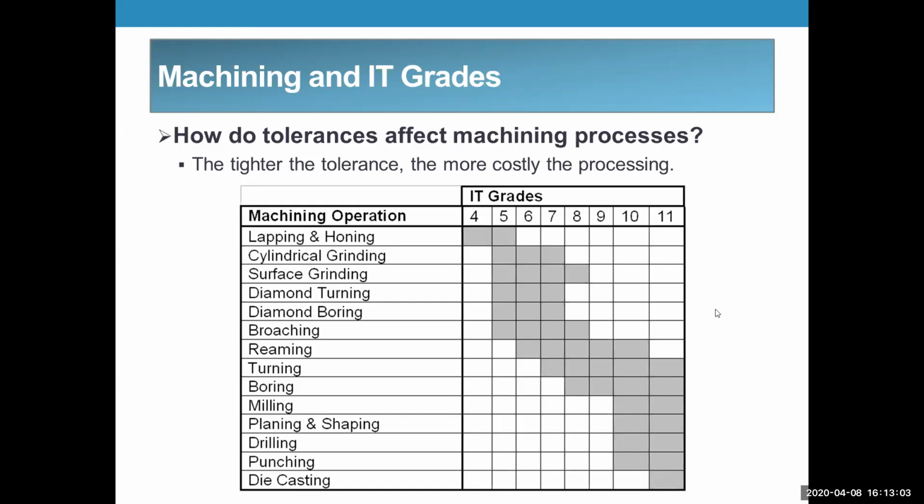The surface finish is pretty much a function of the tolerance that you wind up choosing. If you choose a tight tolerance with a low number, you're going to have a pretty shiny, smooth surface finish.